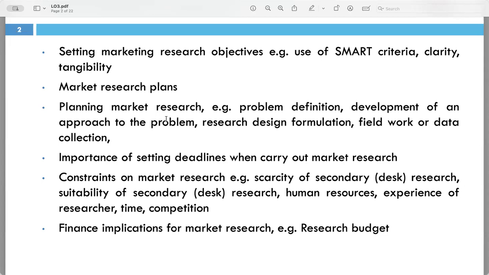Then research design formulation, determining the methodology, whether qualitative, quantitative, or a mix of both. Time constraints, the limited time available to complete the research.